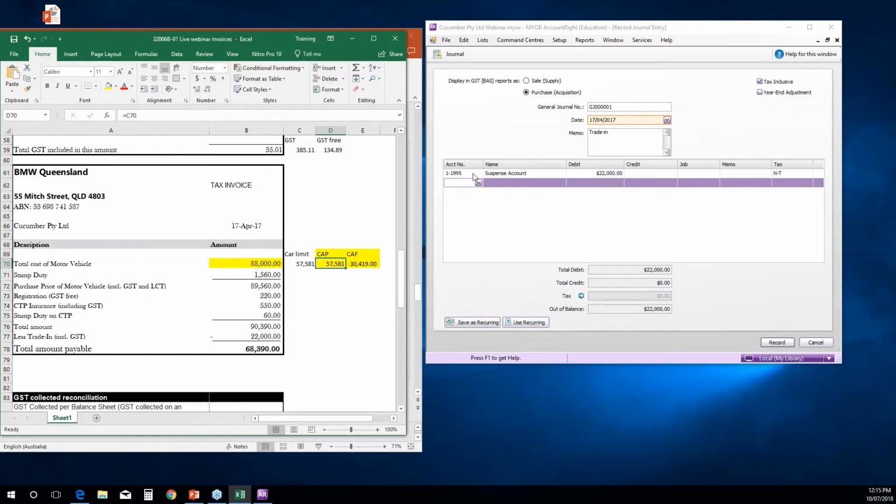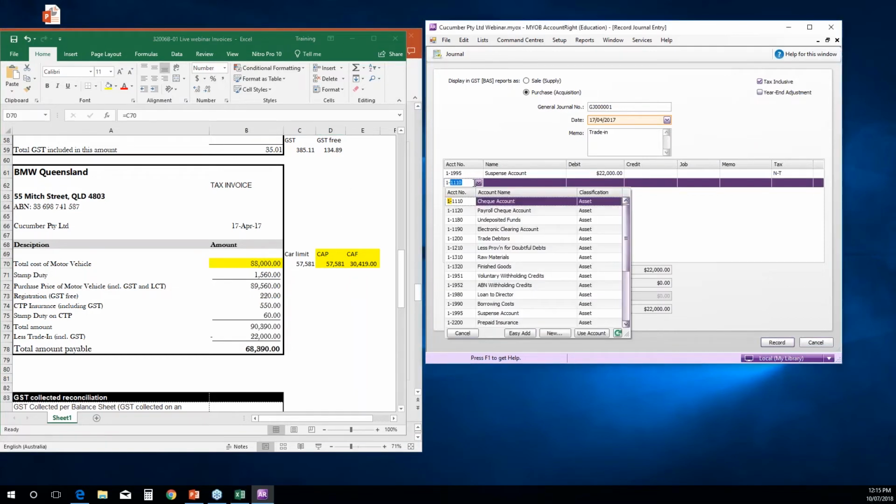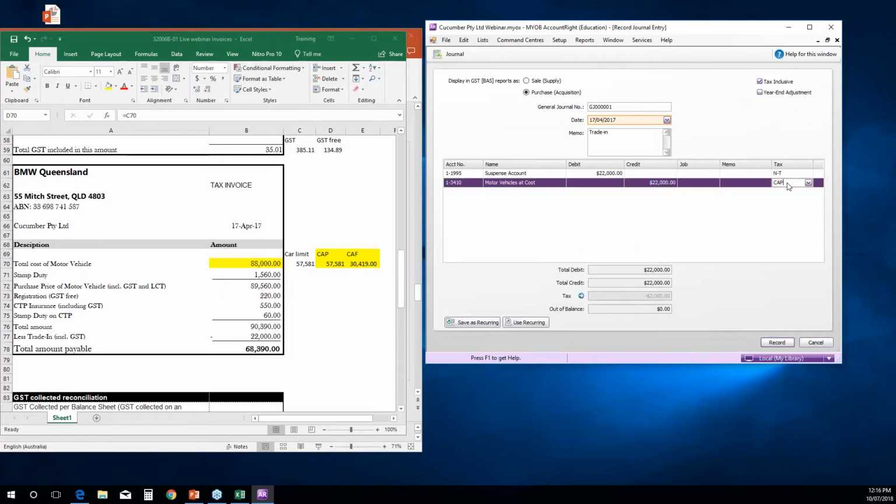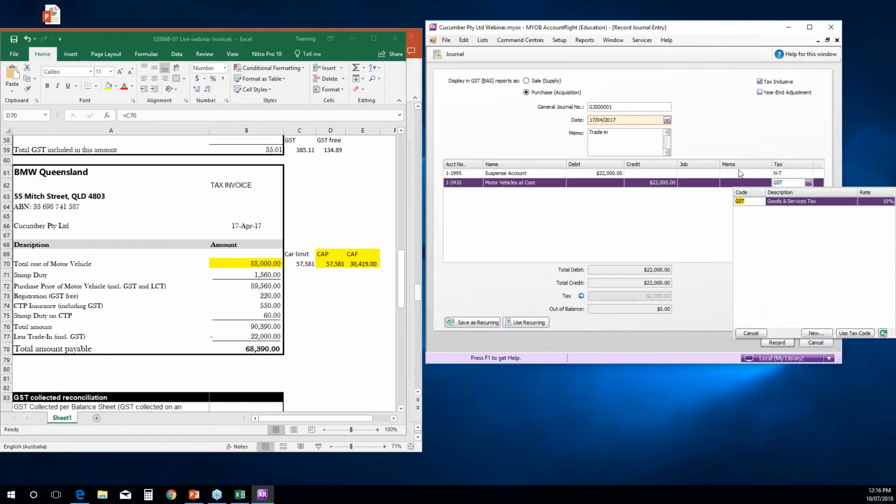So I'm going to use the motor vehicle, but some of you said, oh, we will have to create the sales account or the loss or gain account. But unfortunately, loss or gain, we can't really calculate because the accumulated depreciation and the original cost of the old motor vehicle is not given. So it is really hard to calculate those things. So I'm going to simply credit the motor vehicle at cost with GST, right?